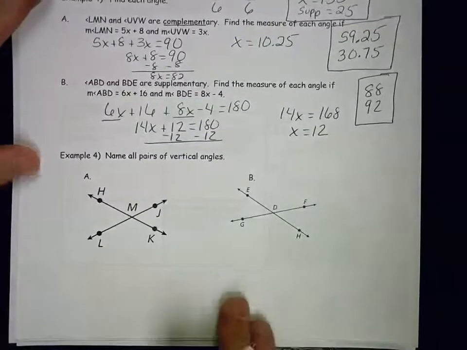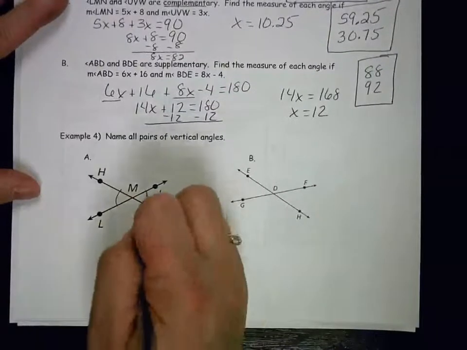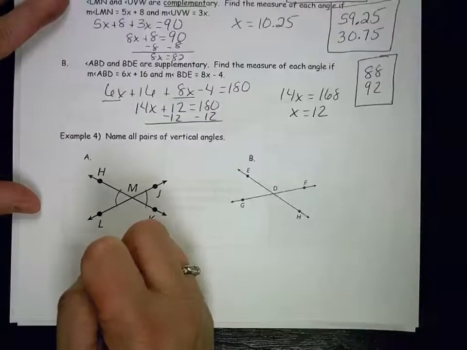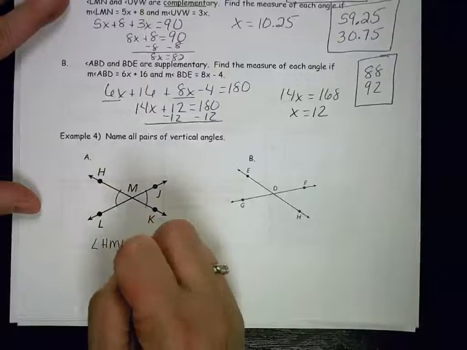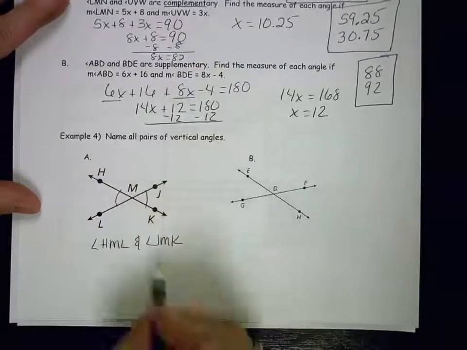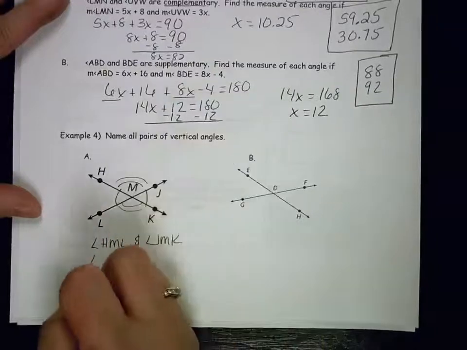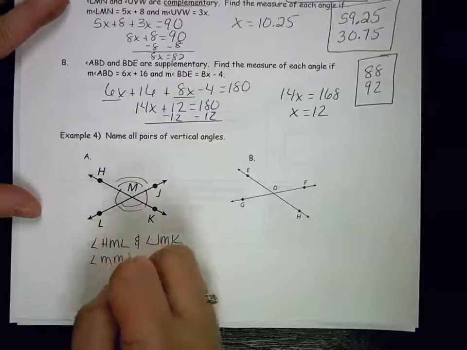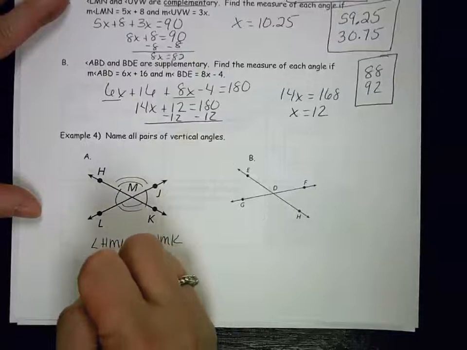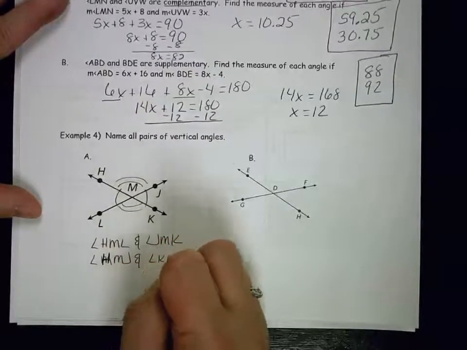The second, example 4, we need to name all pairs of vertical angles. So angle HML and angle JMK. And then we have the second pair, angle HMJ and angle KML.